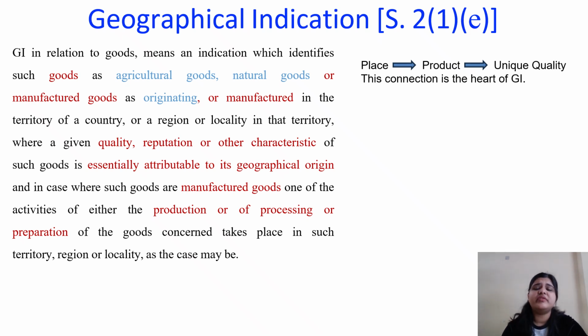Now we will come to the Indian statutory definition of geographical indication under the GI Act, that is under Section 21E. What does Section 21E tell us?